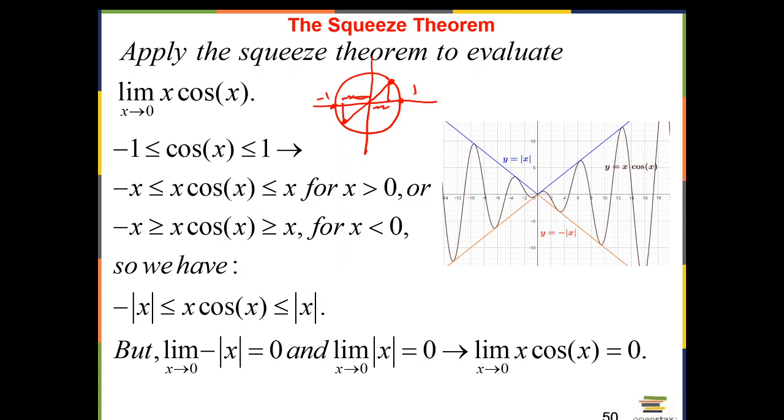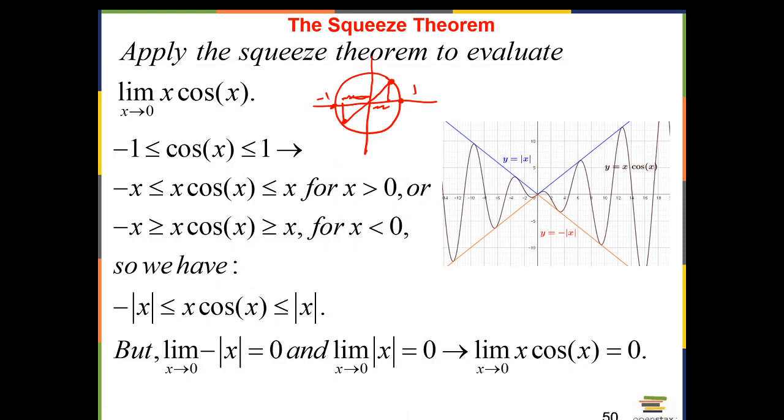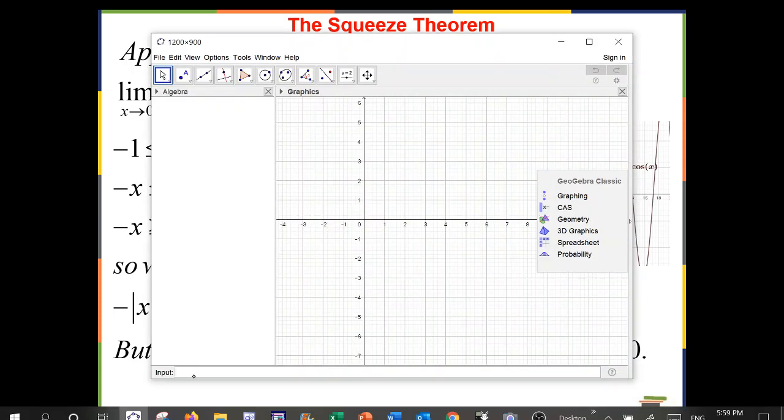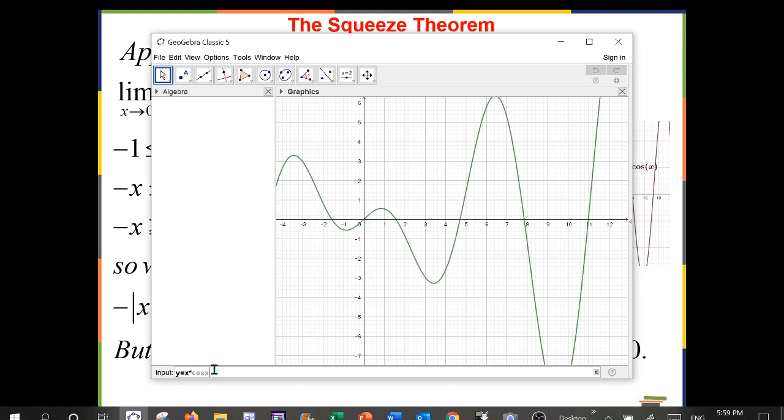Right? Now, if you download and install this program on your computer, which is called GeoGebra, and is linked in the Start Here page, you can actually graph these. y equals x times cosine x, like that, and then y equals absolute value of x, and then y equals negative absolute value of x, there.